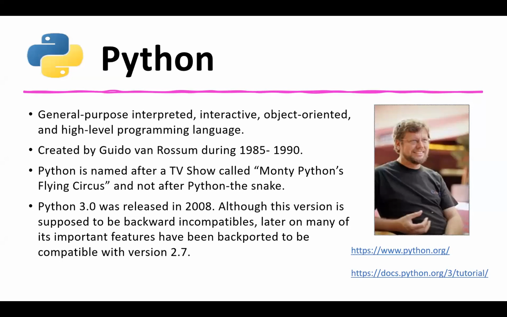As I said previously, Python is general purpose, interpreted, interactive, and object oriented. Can anyone tell me what you mean by object oriented? Those who have already done Python, tell me quickly.